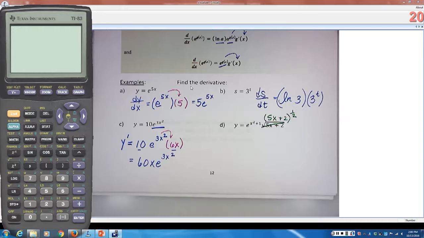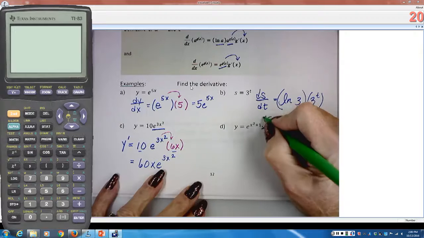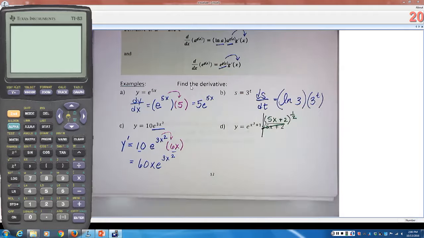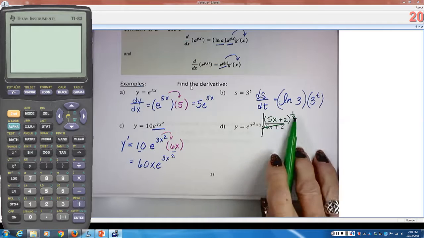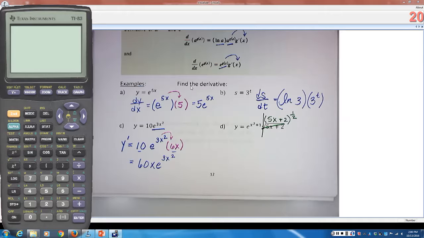You see one function there or two? You see two because this is a multiplication problem. This is the product of e raised to the x squared plus 1 power and 5x plus 2 raised to the 1/2 power. So we're going to have to take two derivatives and then swap them for their parent functions.